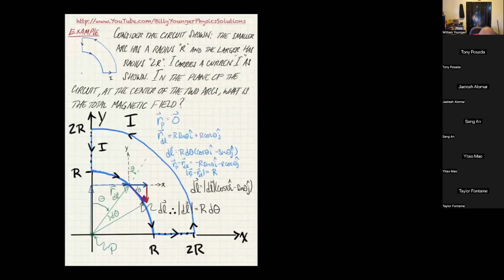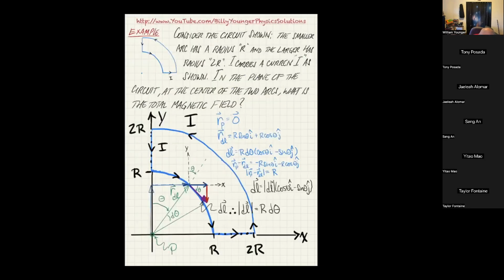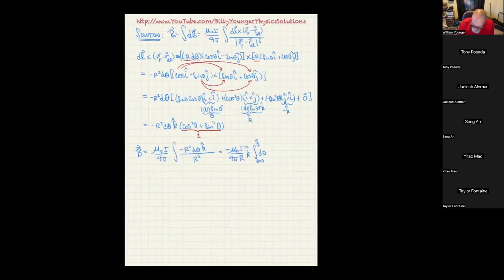Notice the way I define theta, it starts off at 0 and then it goes up to 90 degrees. And of course, 180 is pi, so 90 degrees is pi over 2. So you can see that this integral will be super easy. It's going to be negative mu 0 I over 4 pi r. Now the integral is just going to be pi over 2, and then all that times k hat.